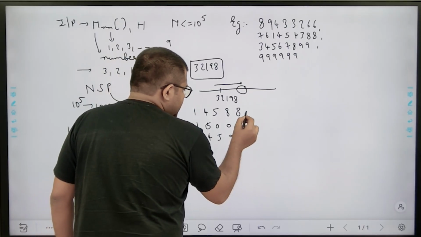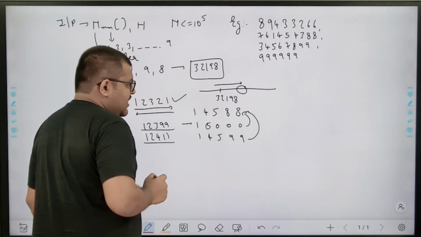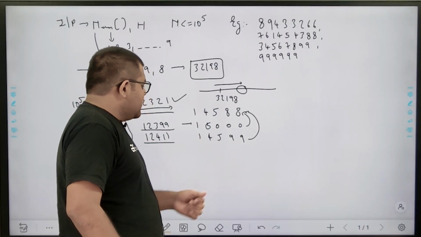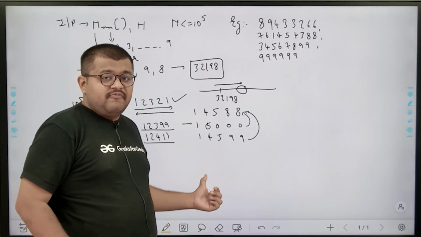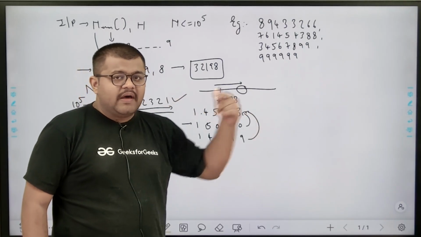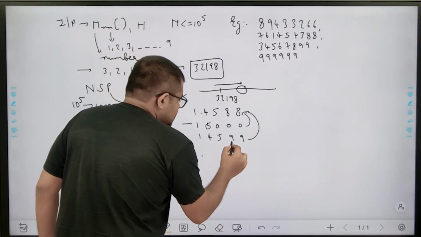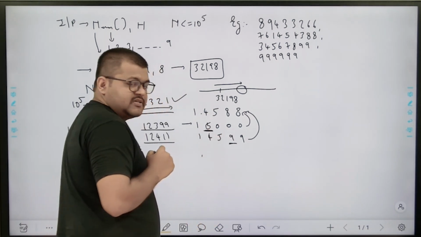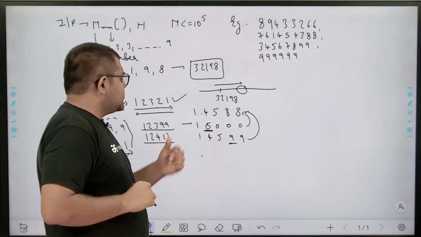This is also greater than this, and this is also greater than this. But which is smaller? This one is smaller. Why? Because the first digit which differs in this array and in this array is nearer to the LSB. So here the first digit which differs is this, and here the first digit which differs is this. So this is smaller than this.